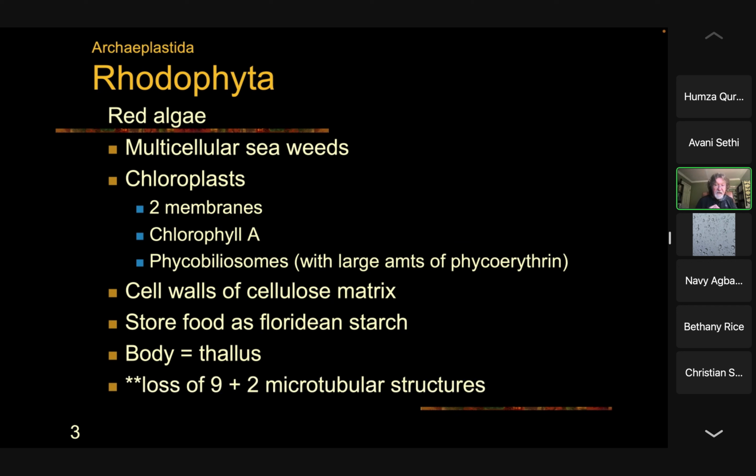The thallus consists of a holdfast, blades, and gas floats that keep it up in the water. The thallus is a general word that we use for any multicellular alga. It's not just brown algae, Phaeophyta, which is unrelated to the red algae, but also multicellular green algae that I'll get into shortly.